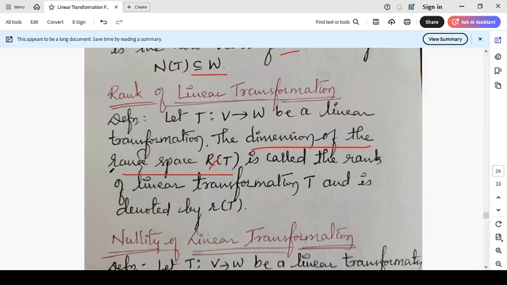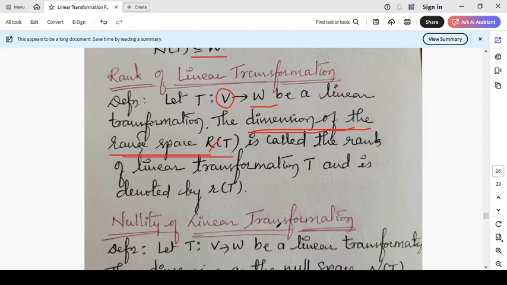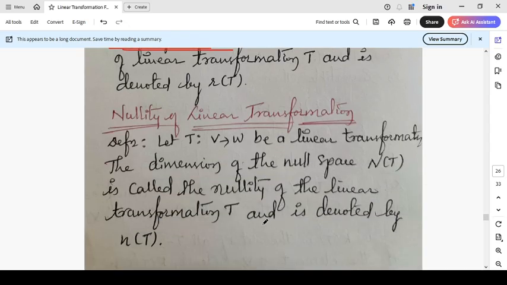Already we have the definition of range space: the set of all T images of the elements of V, and those T images are present in W. So the dimension of that range space is called the rank of the linear transformation.